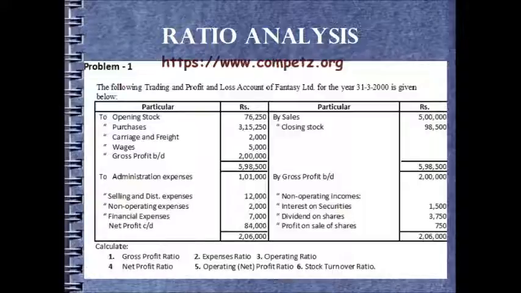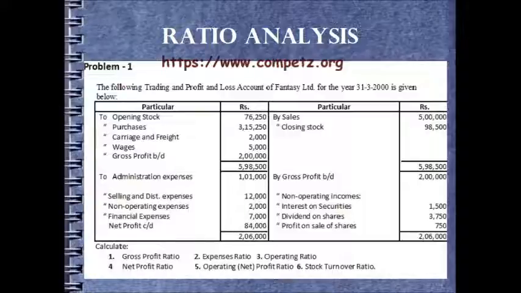Further subclassification: there are mainly 5 ratios. The first is the liquidity ratio, then profitability ratio, solvency ratio, turnover ratio, and overall profitability ratios. Today in our session we will start a ratio analysis problem classified on the basis of income, or revenue statements.